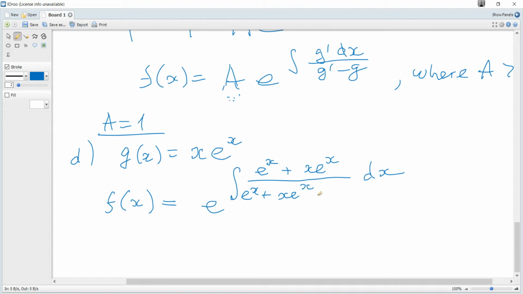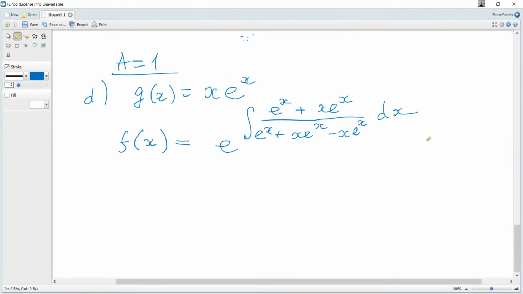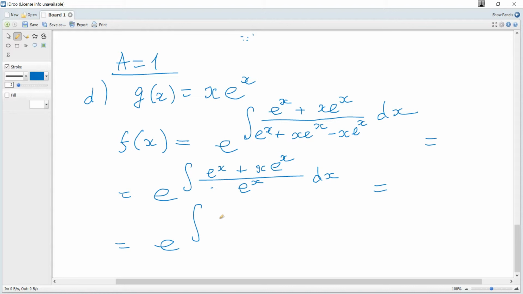Over g, which is x e to the power of x, and it is equal to e to the power of the integral of e^x plus x e^x divided by x e^x, dx, which is e to the power of the integral of 1 plus x, dx, which is e to the power of x plus x squared over 2.